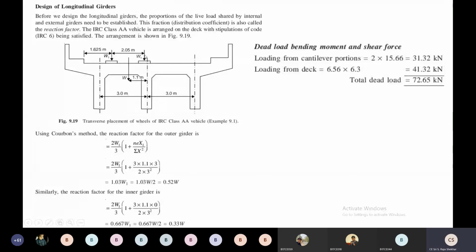The load acts at the center, so the distance from the CG of the beam to the CG of the load is 2.05 by 2, that is half of this distance, plus 0.075, which gives 1.1 meters. Okay?